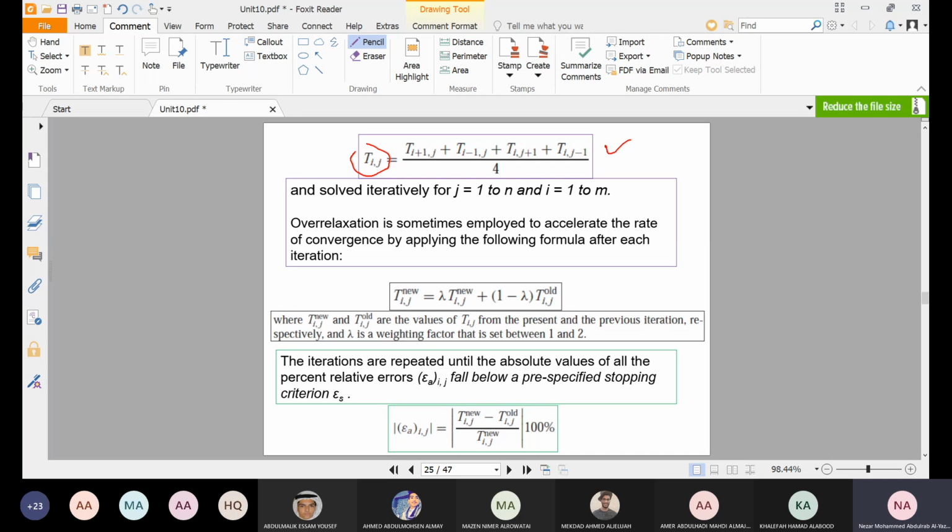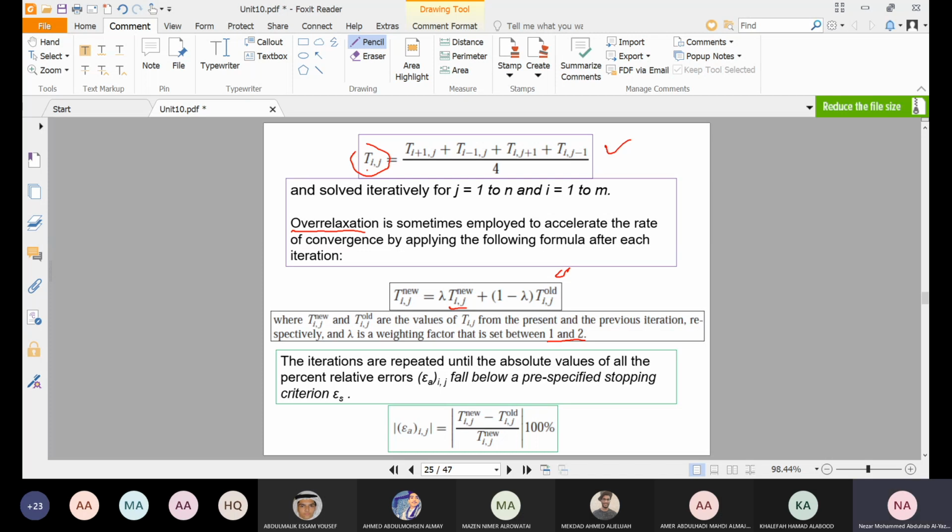After that, we use the over-relaxation equation to update the value. So the new value of the temperature equals the new value that we computed here, multiplied by lambda. Lambda is a weighting factor, usually a value between 1 and 2, sometimes 1.5, 1.4, 1.3, up to 2. Plus 1 minus lambda multiplied by the old value. Usually we start with the initial value that we have.